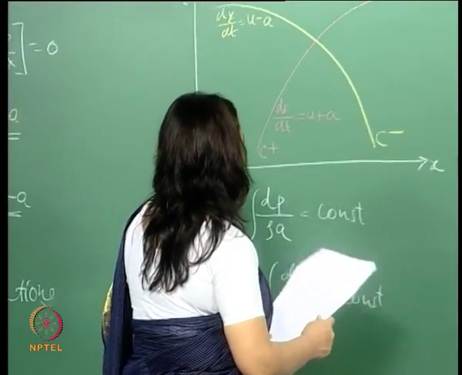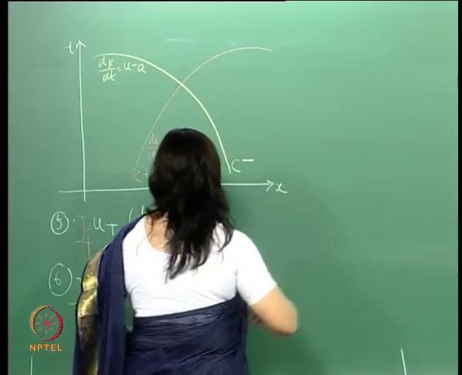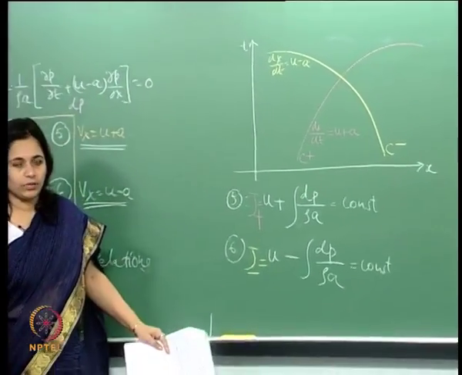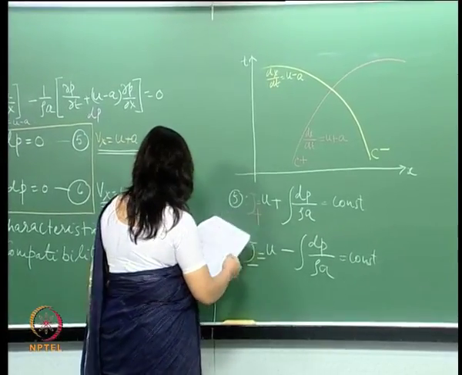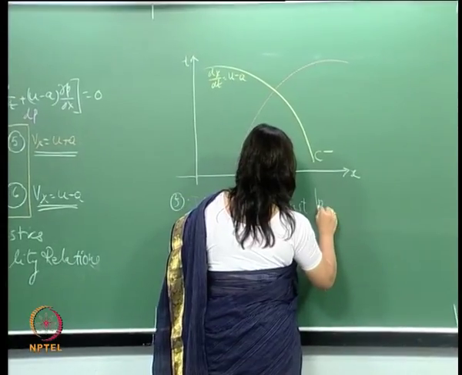So what we will do here is use these relationships. Before I do that, J plus and J minus have another name: they're called the Riemann invariants.